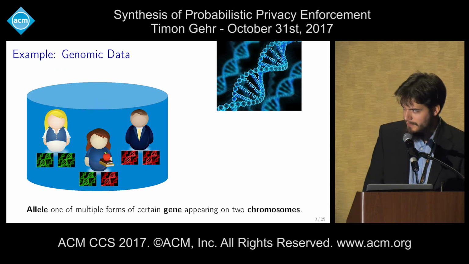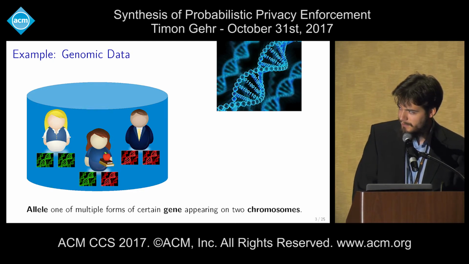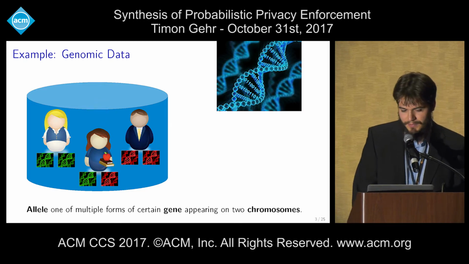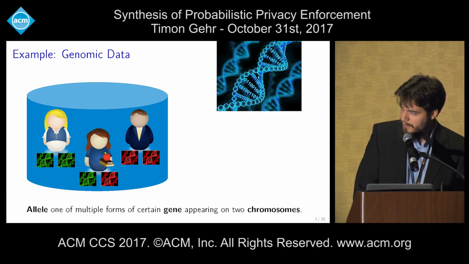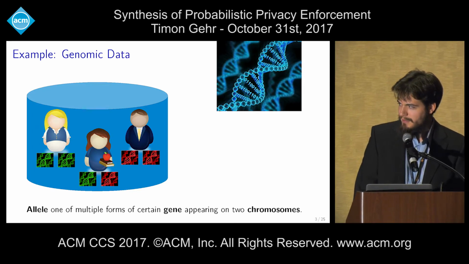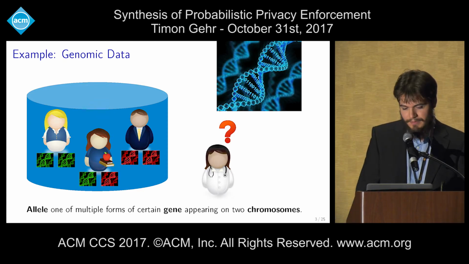For one example, consider this genomic database. We have 3 people inside this database, or the genomic data of 3 people: Alice, Bob, and Carol. For every person, we will have information about a single gene, and there are actually 2 alleles present for each gene, and each allele can be either red or green here.